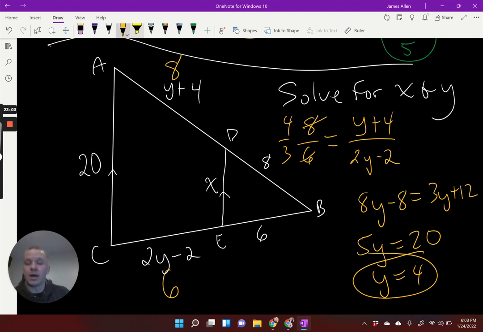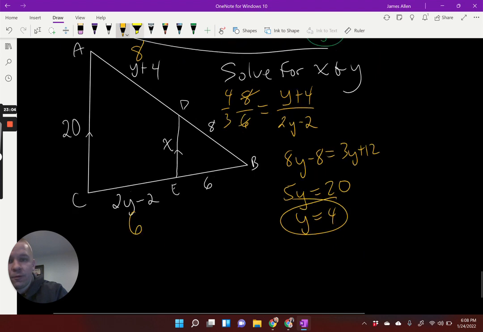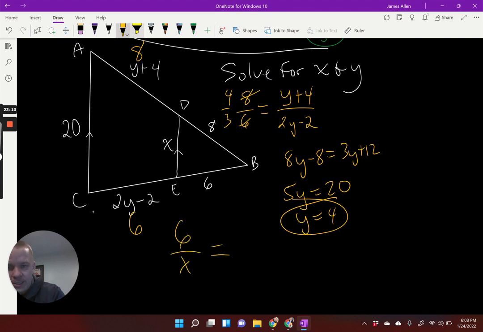All right, now I can set up and solve for x. So either one works. I'm going to go with 6 over x is equal to, then I have to do the whole side of 12 over 20. And some of you might be realizing already what this is going to be because we did say it's a midline, right?